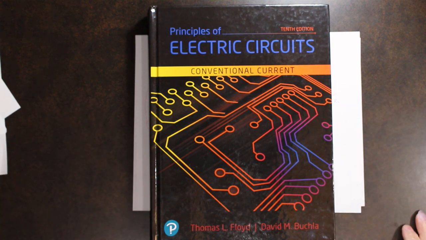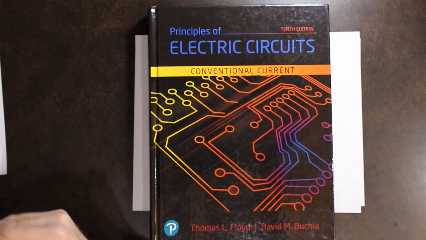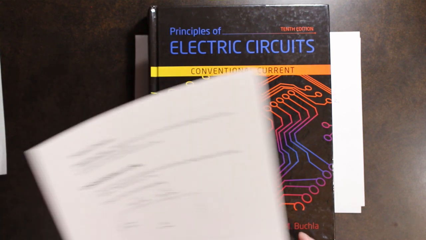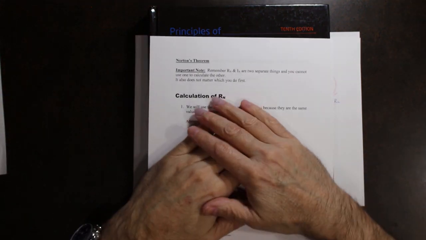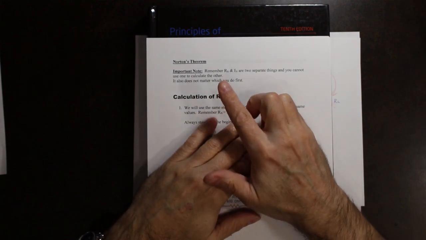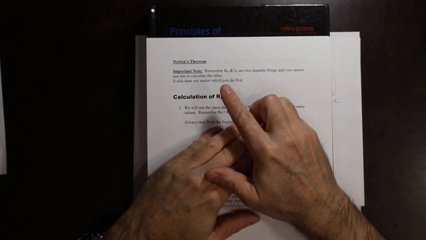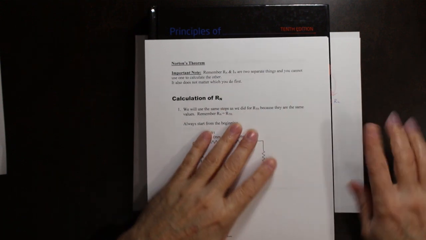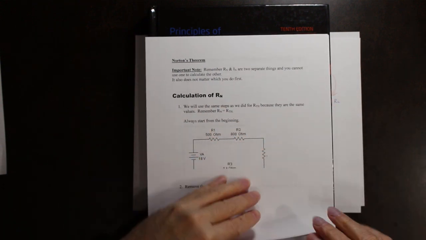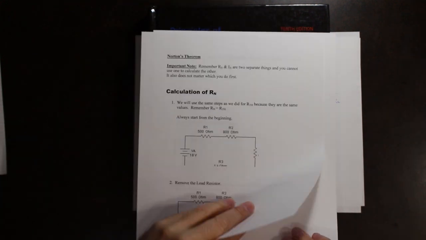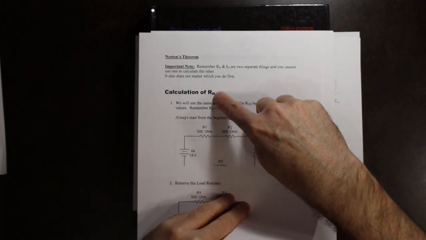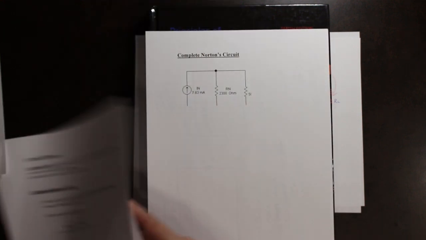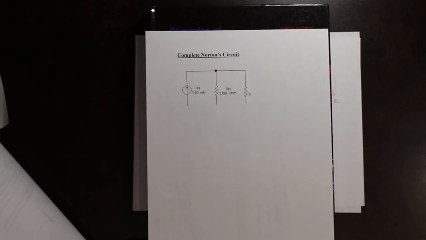For your reference, I have also put together a procedure for solving Norton's Theorem, so solving Norton's circuits. The procedure that I just went through is here step by step for calculating R Norton as well as for calculating I Norton.